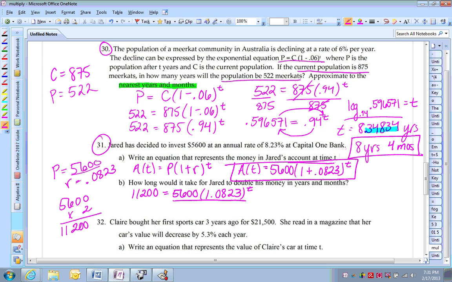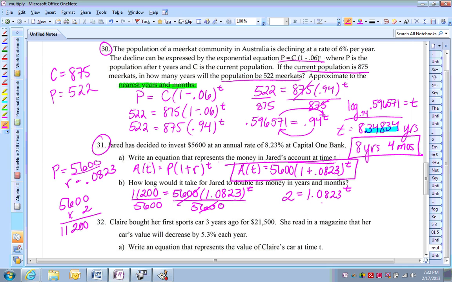What we do to both sides is divide by 5,600. That cancels the 5,600 on the right side of the equation, and 11,200 divided by 5,600 is 2. So we end up with 2 is equal to 1.0823 raised to the t.